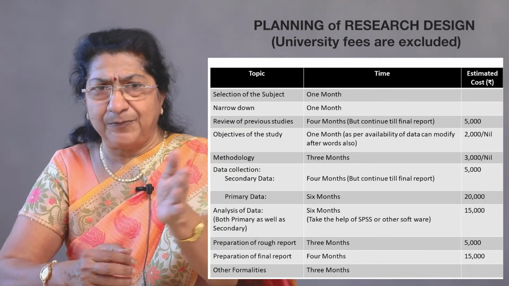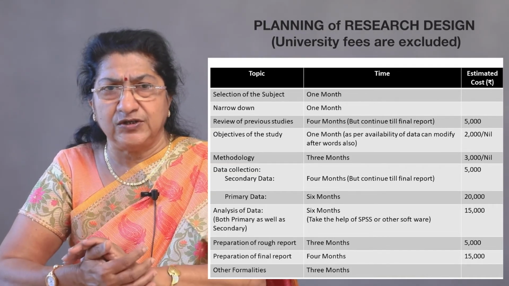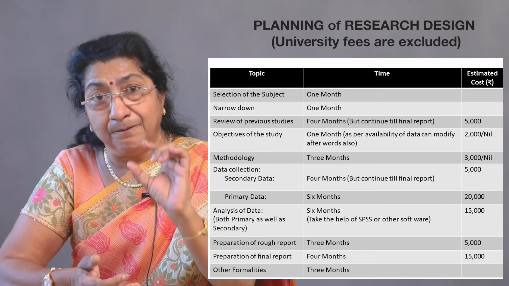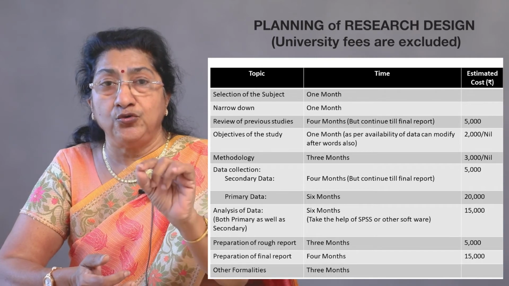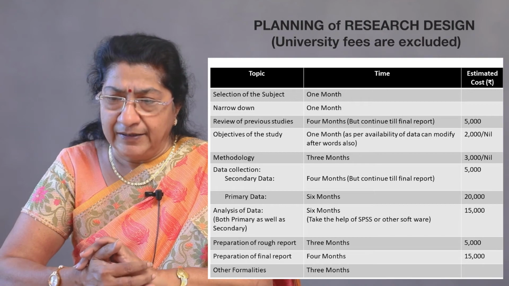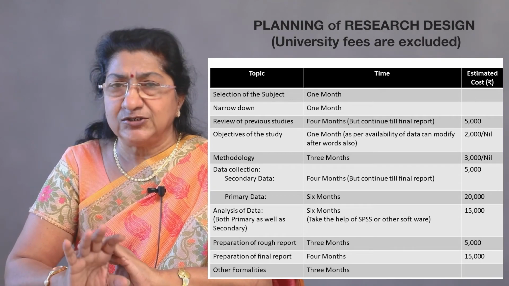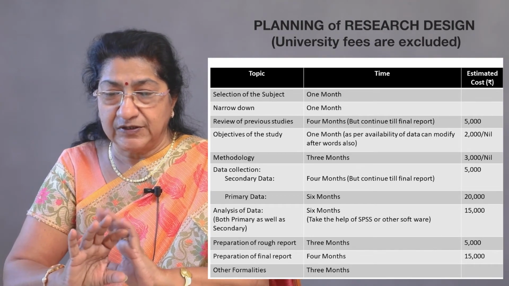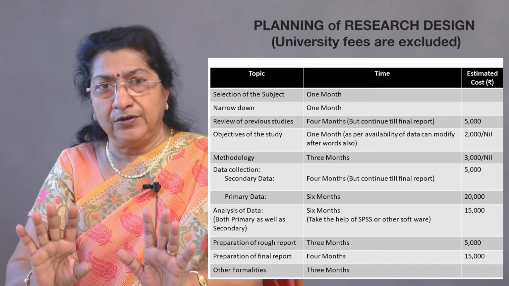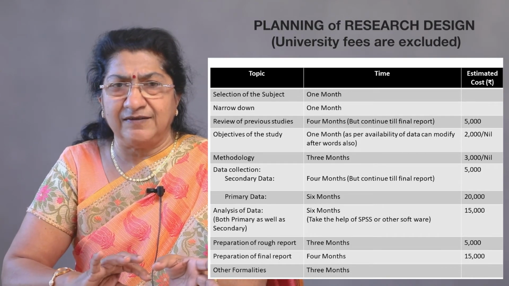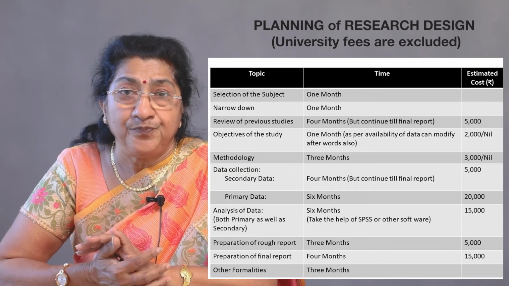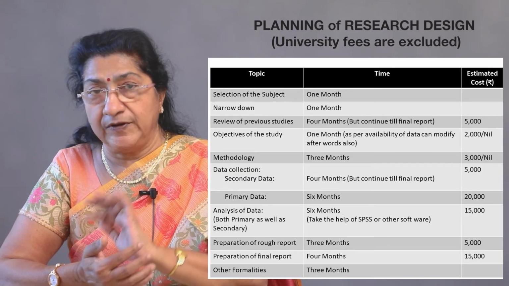In the middle, chapter wise also you can give it for correction, but after that also you have to submit the complete rough report to your guide or to the expert, and it takes a minimum of 5,000 rupees. And if the report is good or only nominal changes are there, then you can take the printout for your final report, and it will take 4 months.